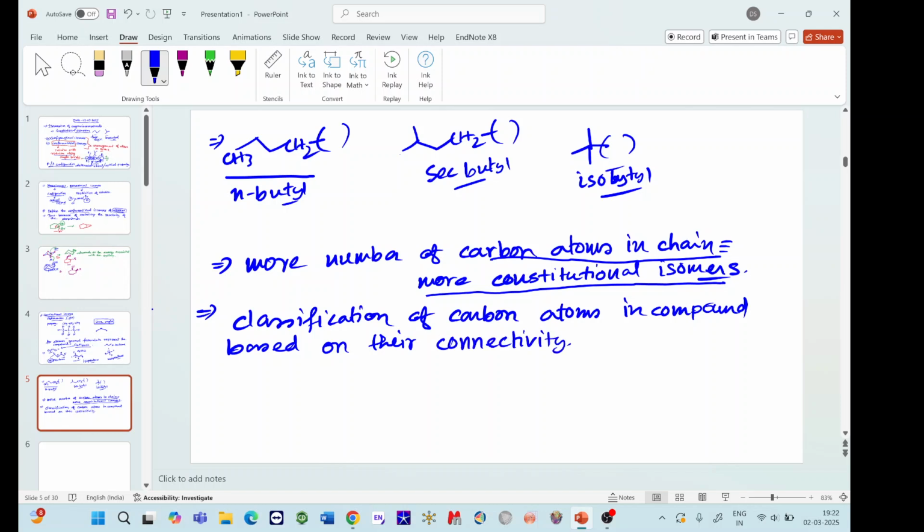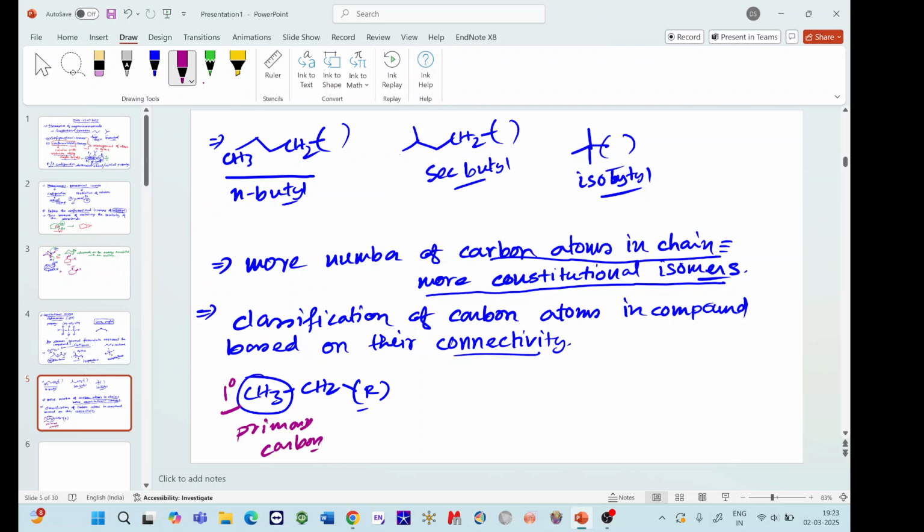What connectivity? Connectivity to other carbon atoms. Say you have CH3 that is connected to another CH2, then it will go on and on. I will just write it as R. So this carbon is connected to only one carbon. So this we represent as 1 degree or primary carbon.